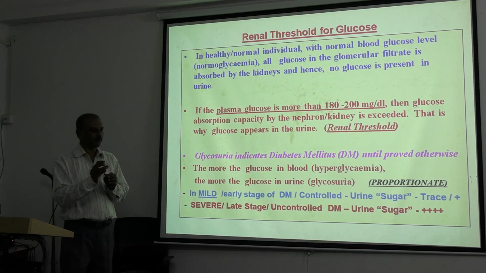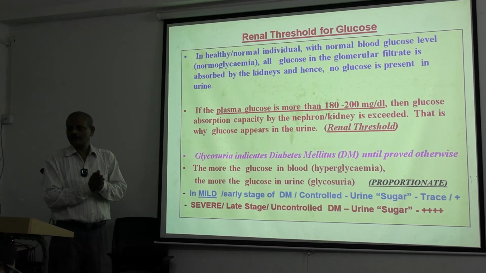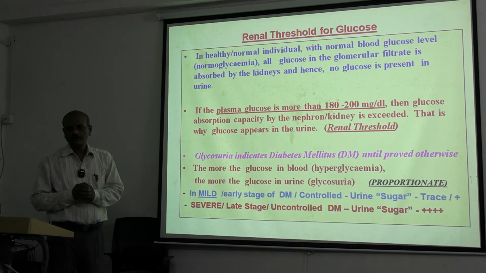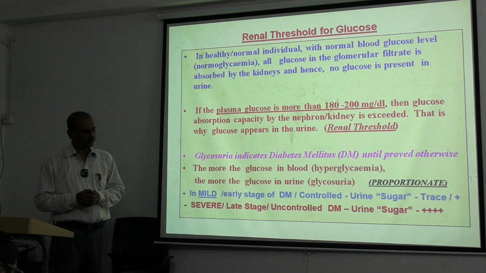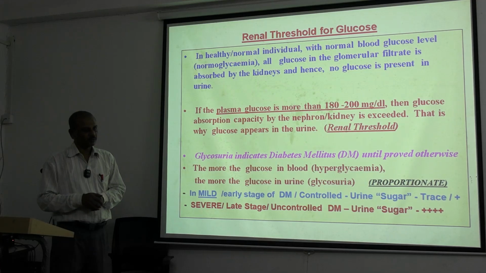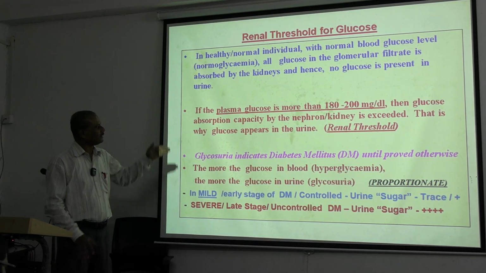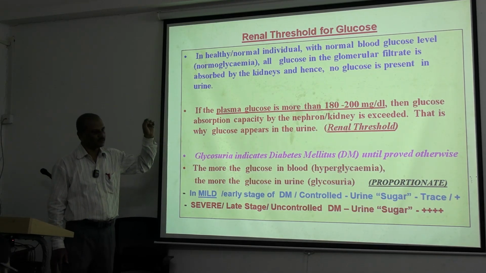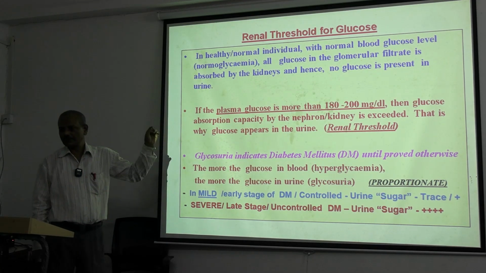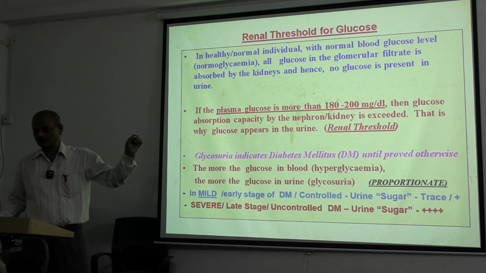In your biochemistry book you might find this as blood glucose, maybe 180 or maybe 200 in some other books. But remember, you will be reading medicine books in future, and that will be a reference point. Basically we measure plasma glucose, and if this plasma glucose is more than 180 to 200, mention it specifically, and this figure has been taken from the latest edition of Harrison's medicine book.